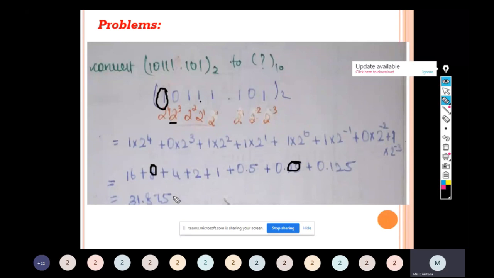So this is how to convert a binary number system to decimal number system by multiplying each digit by its weightage. Let me move on to the second problem.